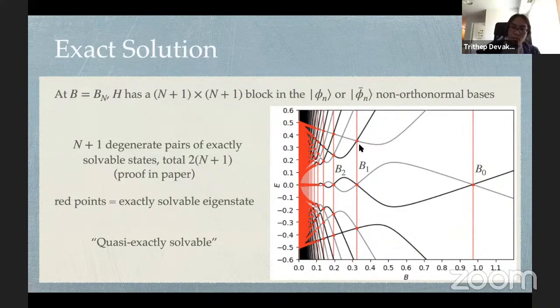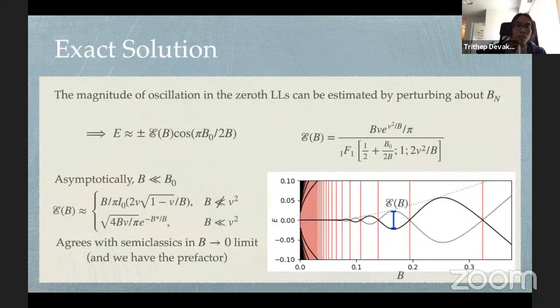And these states can be solved for exactly by diagonalizing a finite matrix. You go to B2, the next magic field, you end up with this. You have 2 more. Now you have a total of 1, 2, 3, 4, 5 crossing pairs, and you can solve these eigenstates exactly, and they give you degenerate pairs of eigenstates.